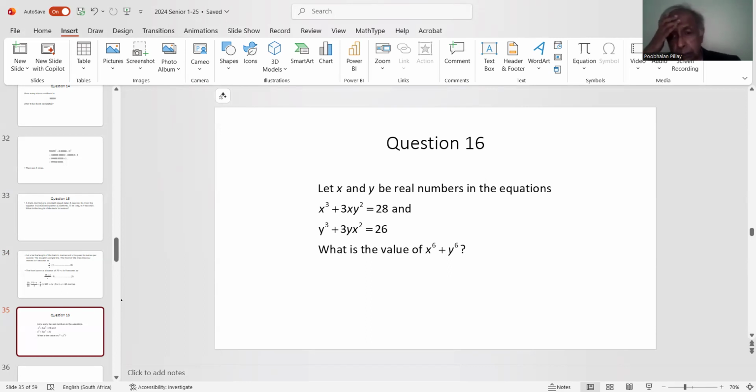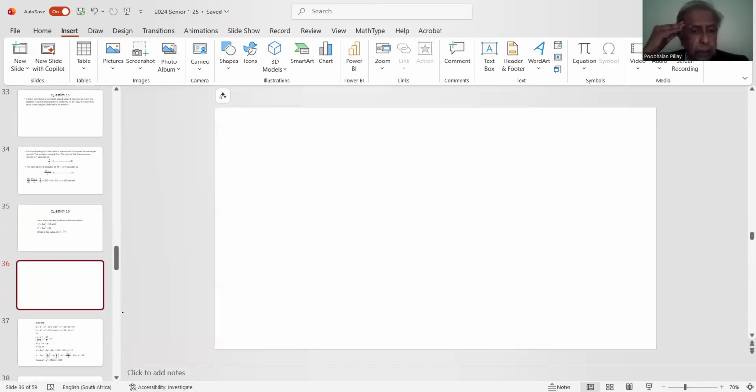All right, so let me see if I left a page for this. I have been leaving spaces. Yeah, okay. I've got a space for this. Let's repeat these equations.